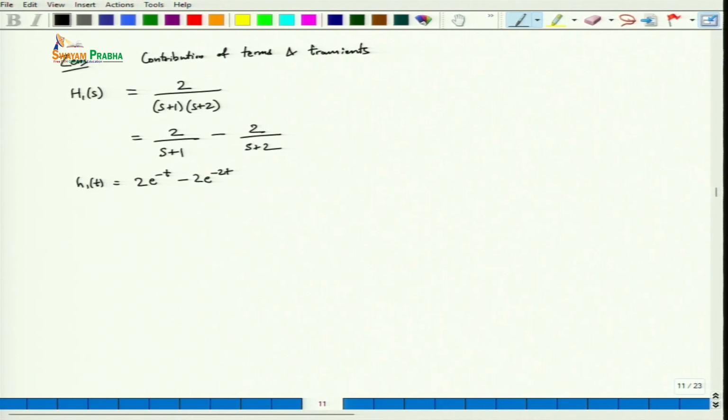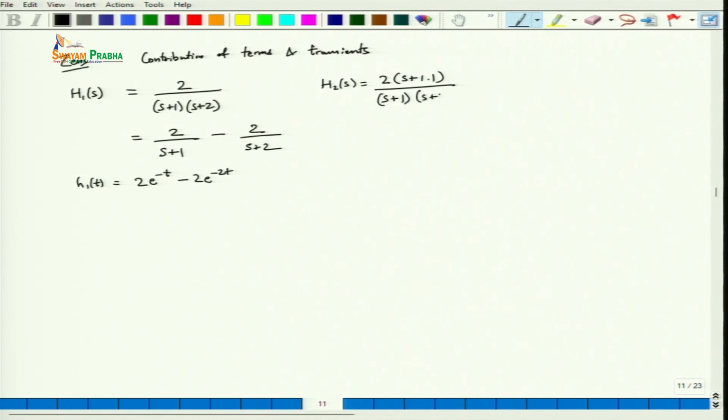Now, let us consider an alternate transfer function. So, here in the first case H1 of s, there was no zero, there were only two poles at minus 1 and minus 2.